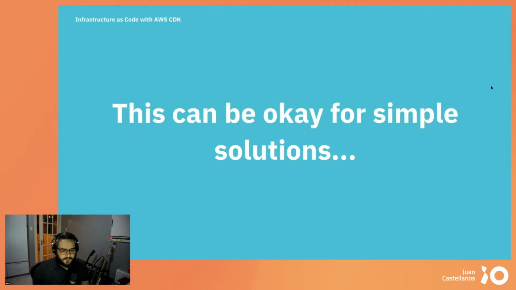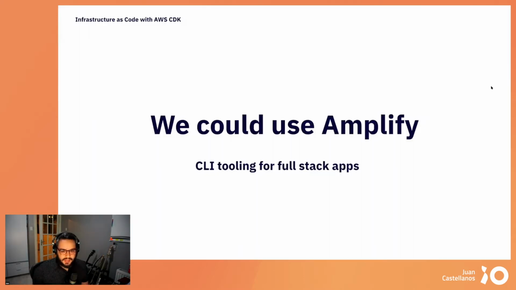So if we want something maybe more complex, we can try something like Amplify, which is a CLI tooling for full stack apps. It provides a really easy way to get started with front end and back end code without knowing too much about the pieces that are making it work together. My experience with Amplify has been great. We built Collabi with Amplify.